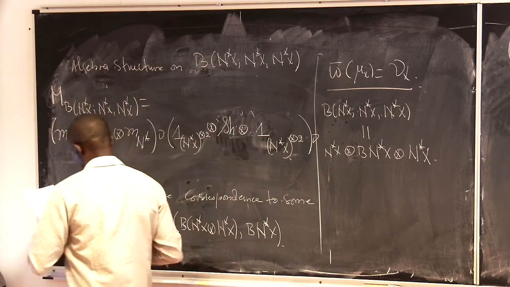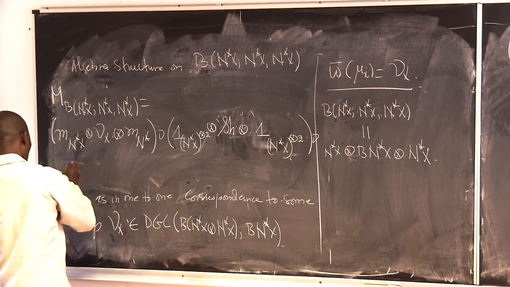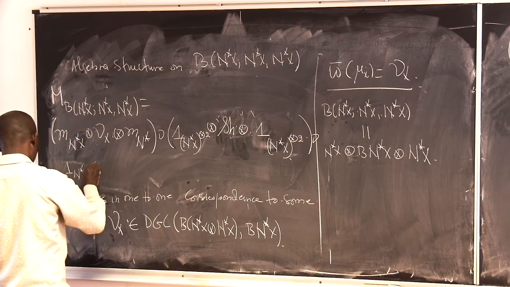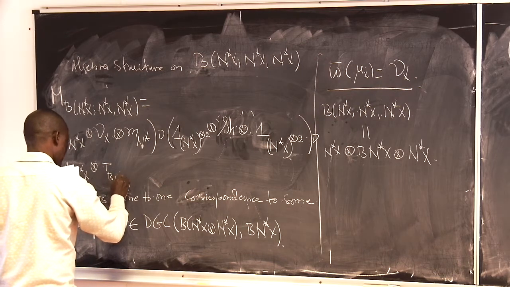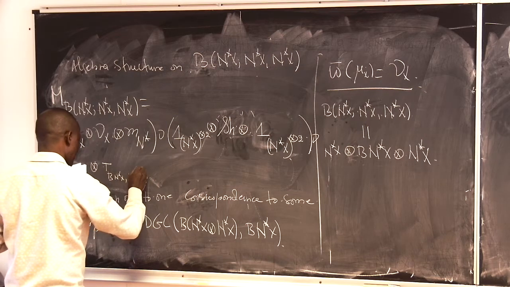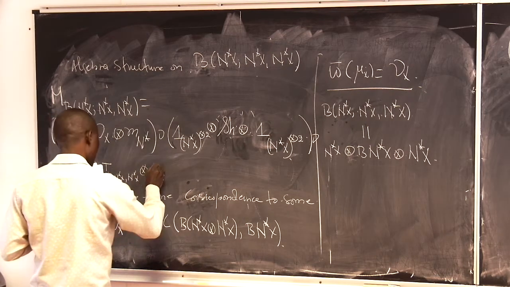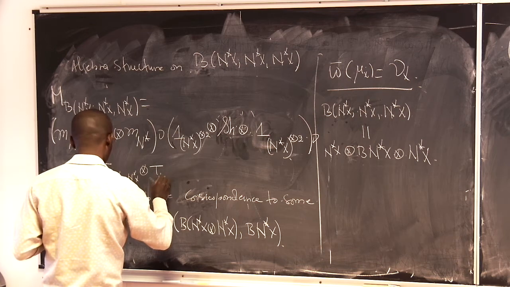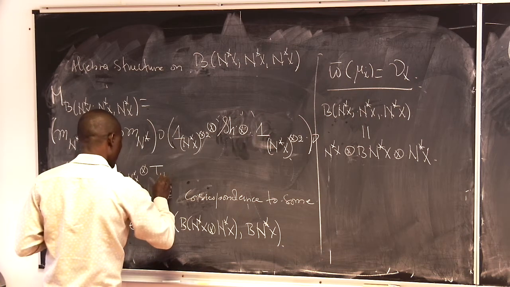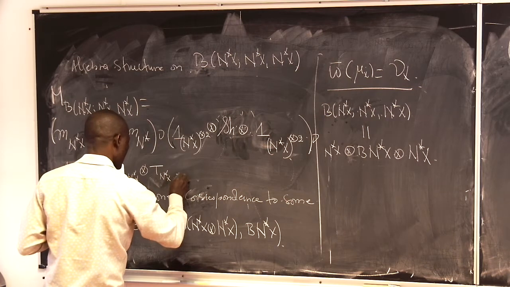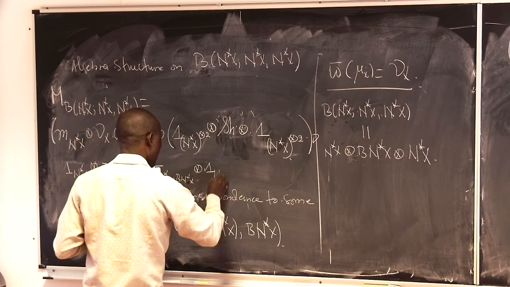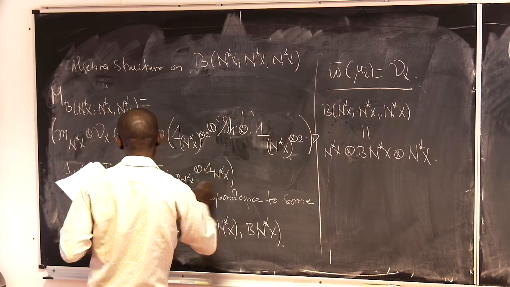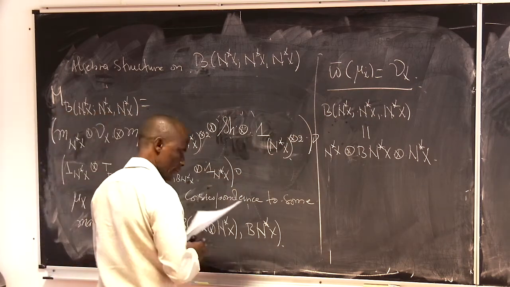Composite by the first one. The first one is this one, and the second one is the other one. Composite by the last map, the first map.